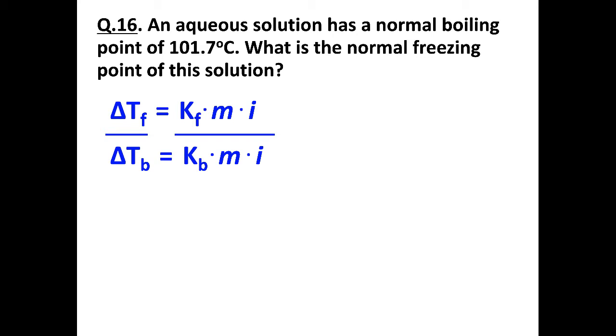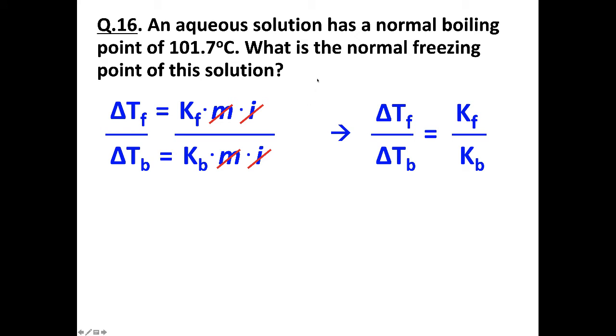Well, it's the same solution, so they're the same. And if I ask you the question about i, you'd have to answer the same thing. So effectively, the m times i cancels out, and we get delta T freezing over delta T boiling equals Kf over Kb. So the ratio of the freezing point changes is the same as the ratio of the respective freezing and boiling constants.